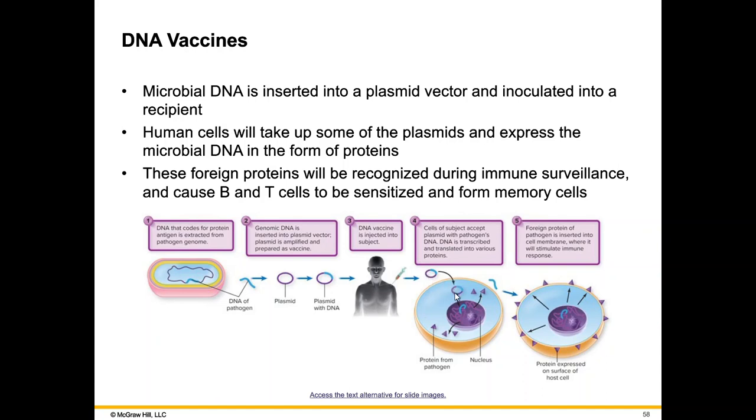It's going into the human cell, and so now this human cell will begin to transcribe and translate whatever genes are on that plasmid, and those genes are some kind of bacterial antigen, and so now it will express those antigens on the host cell surface.